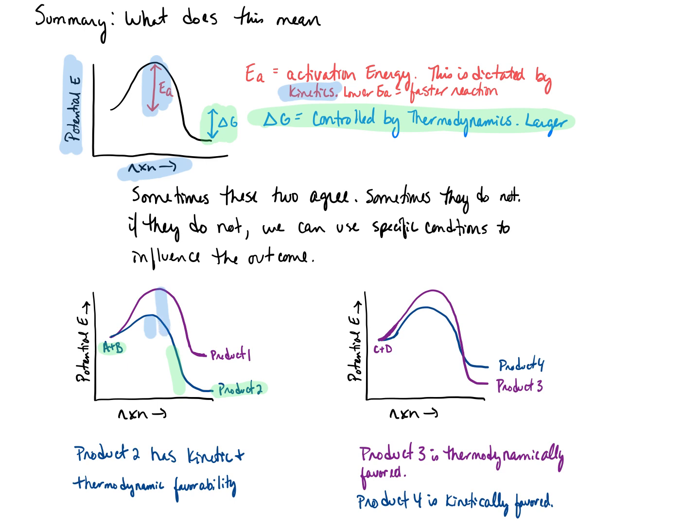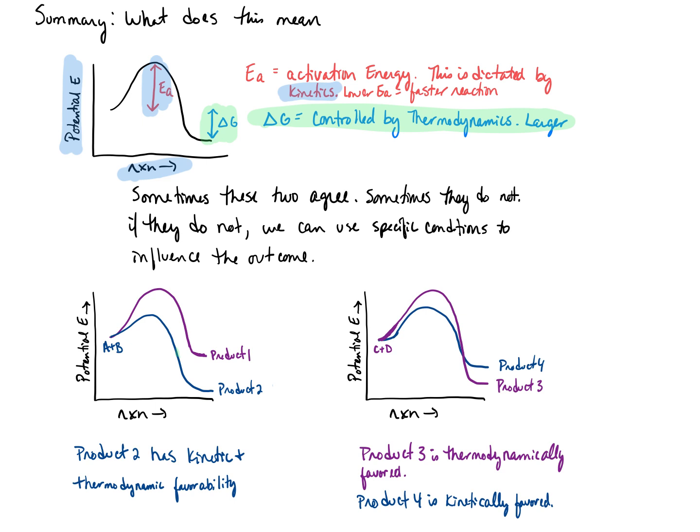So what that tells me is that I'm going to get product 2. It is both kinetically and thermodynamically favorable. Okay, so that's going to be the case that we're going to end up with both of those as our final product. So we're going to get product 2. Okay.